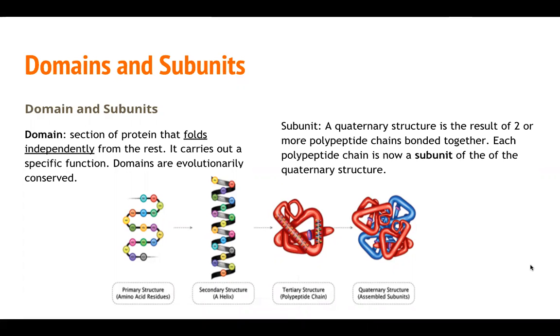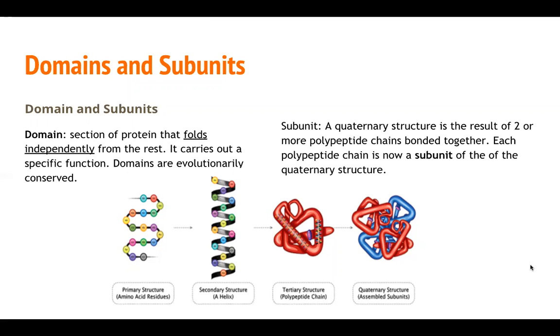Domains and subunits. Okay, so we've already discussed subunits. Subunits are found in the quaternary structure. Each part of the polypeptide chain is the subunit of that structure. Domains, as far as they go, are independent. They usually have a distinct function, and you can find the same domains in different proteins with different functions.